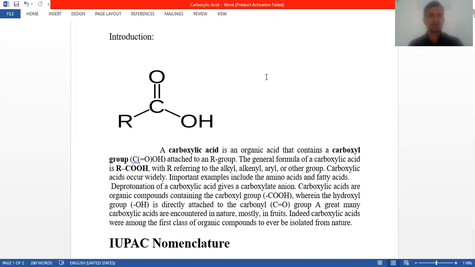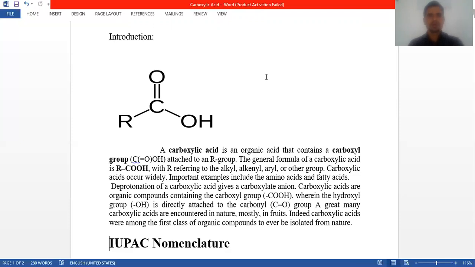Before explaining the structure of the carboxylic acid, we see the definition, the theoretical part. The carboxylic acid is an organic acid that contains a carboxyl group attached to an alkyl group or the R group.